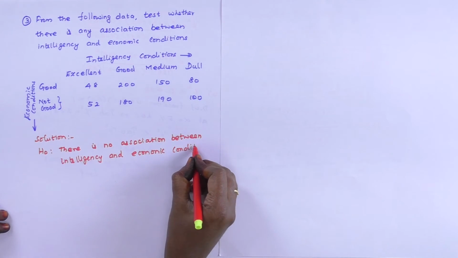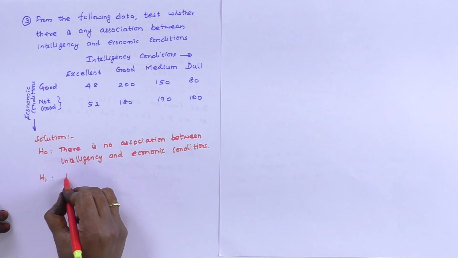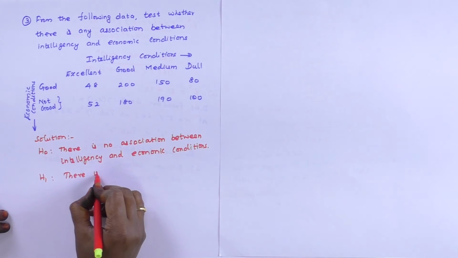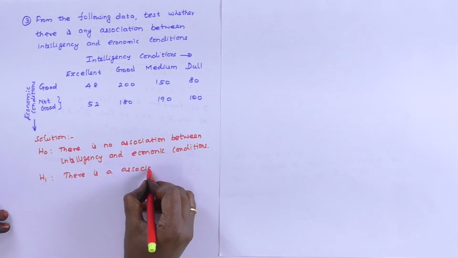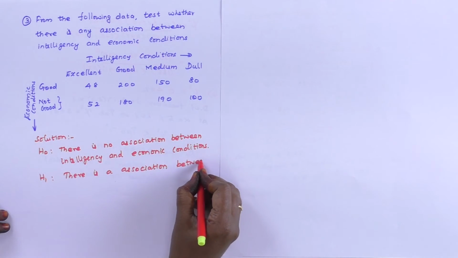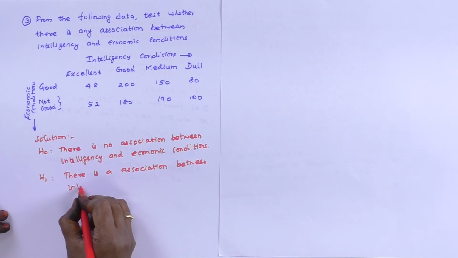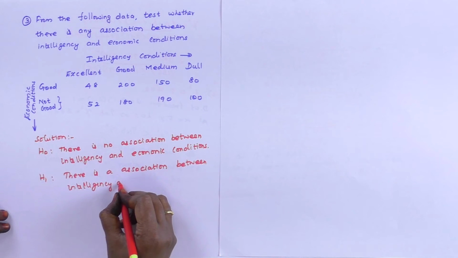H1: there is an association between intelligence and economic conditions.